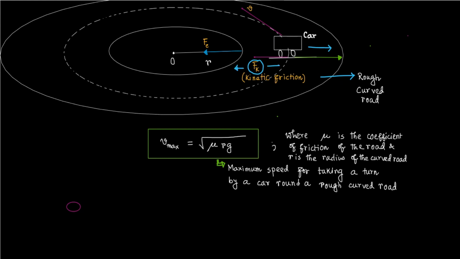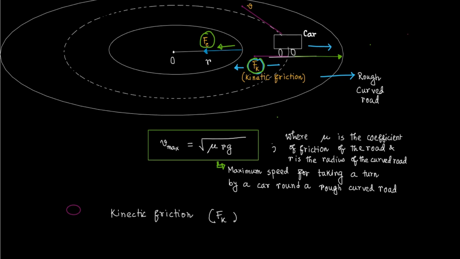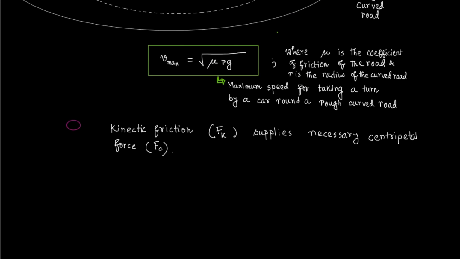In this case, kinetic friction Fk in the diagram, which is acting radially inwards, supplies necessary centripetal force Fc for revolution of the car in this rough curved road.